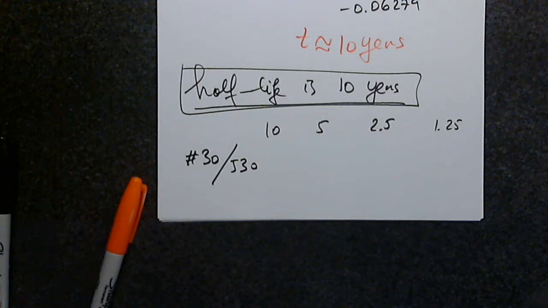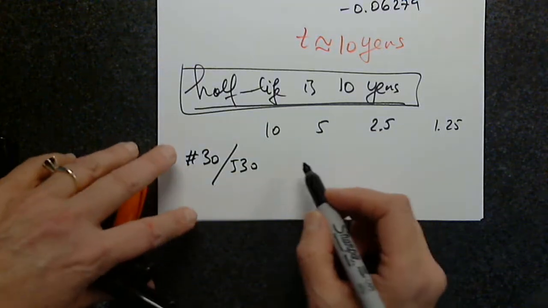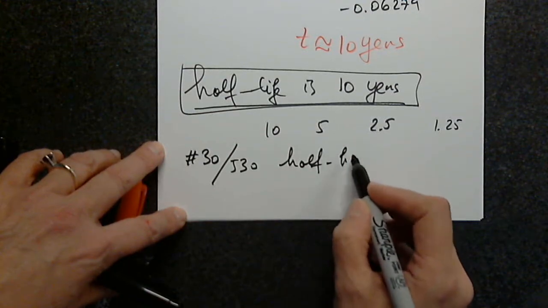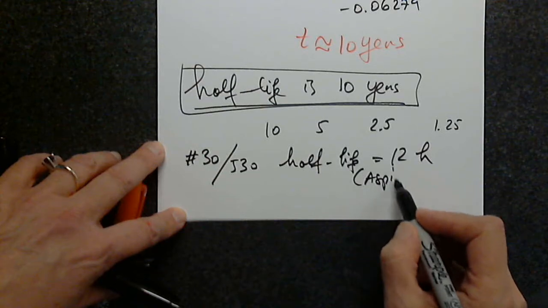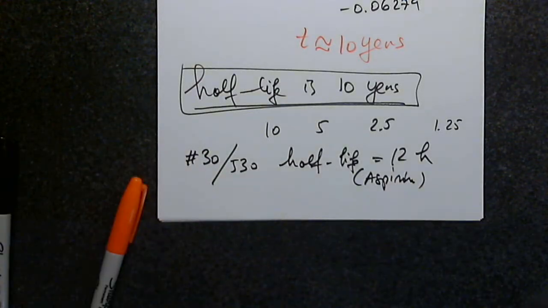The half-life of aspirin in your bloodstream is 12 hours. So assuming I take an amount, I don't even know what it is, I take M0 grams or milligrams of aspirin. In 12 hours, what do I still have in my bloodstream?